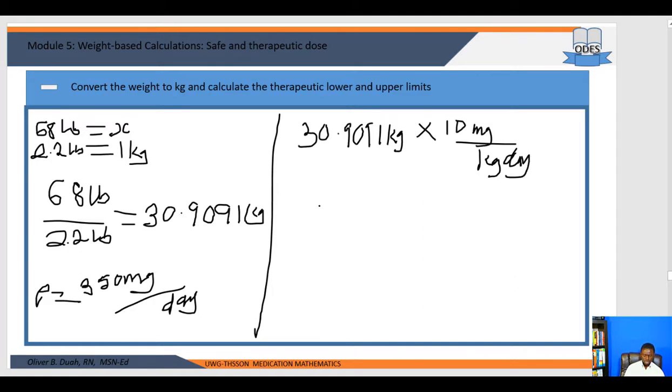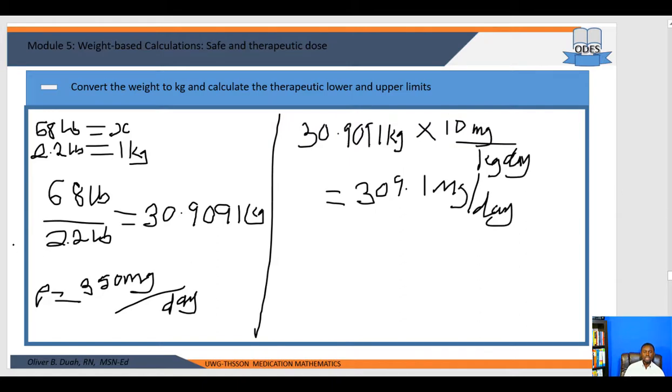Okay, and so this will give us 309.1. We can leave this at 1 decimal place, milligrams per day.